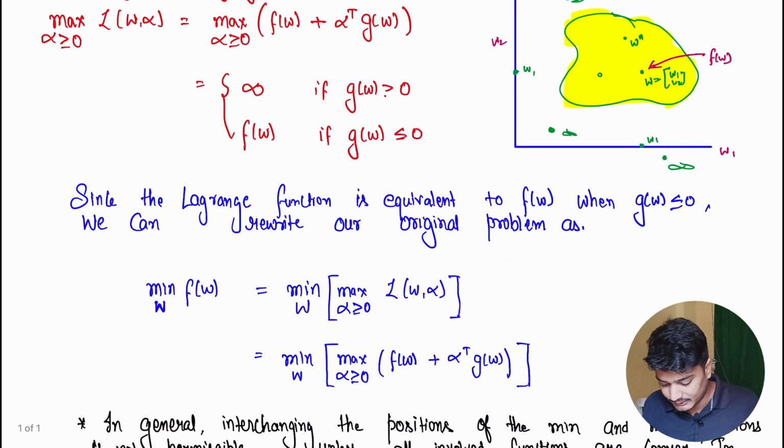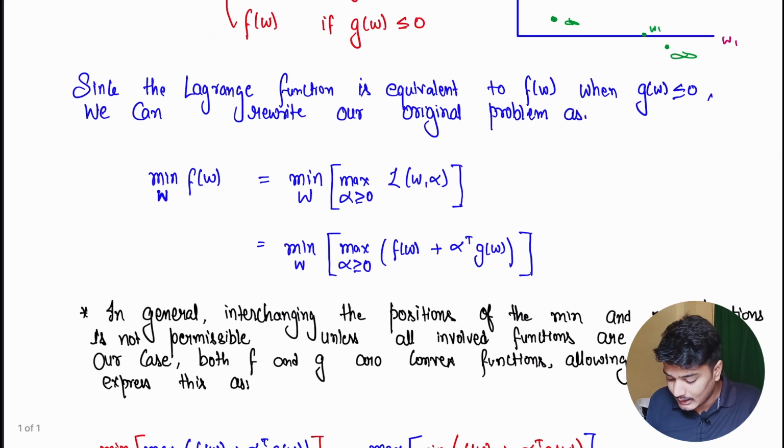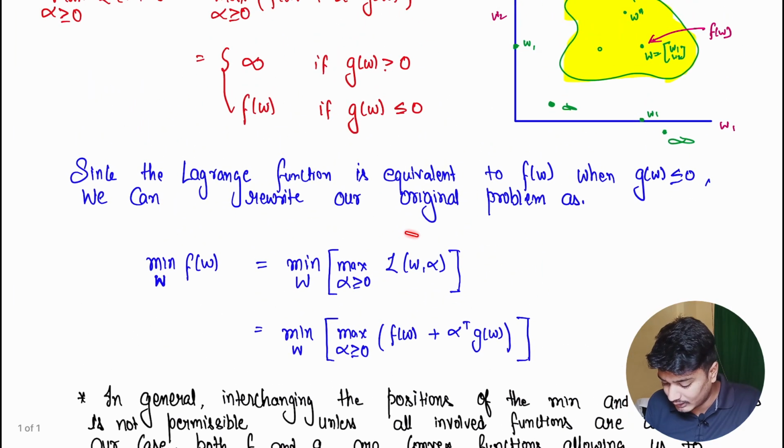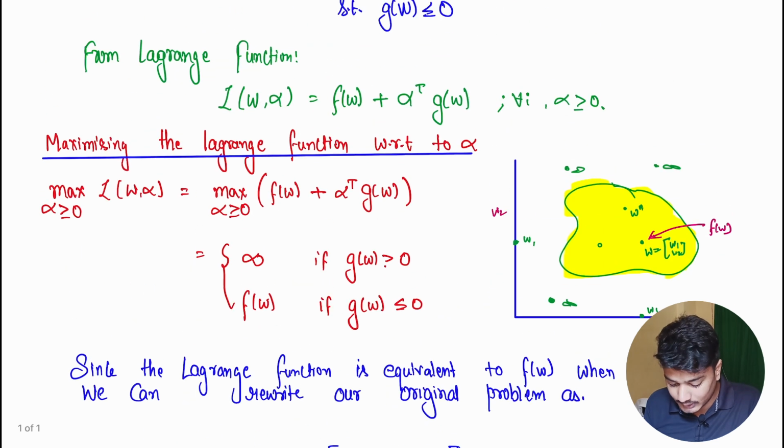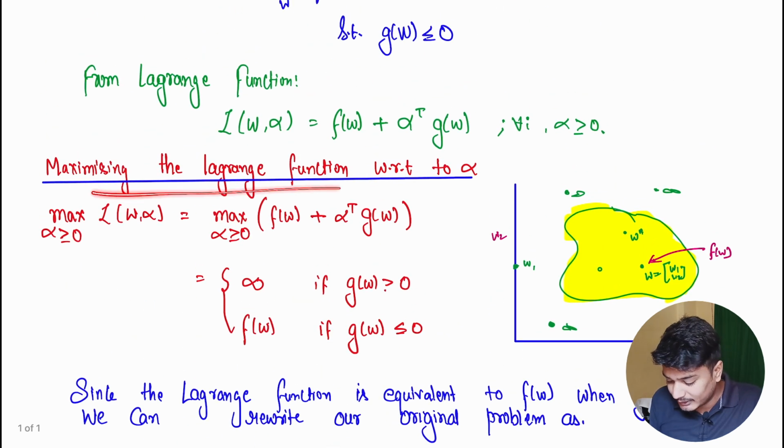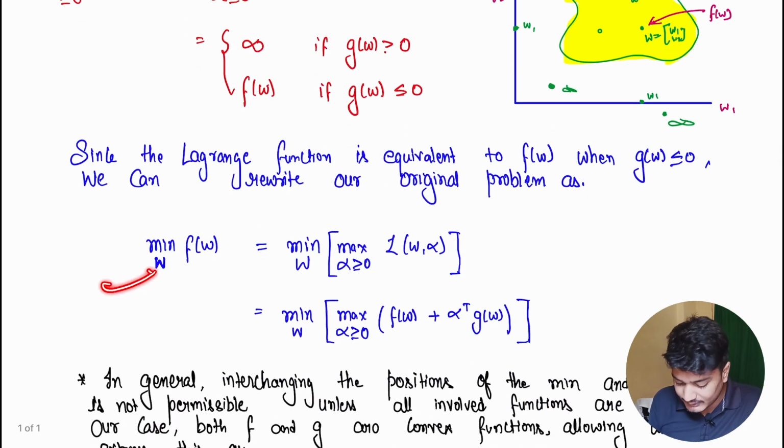Putting in the value, we can write the minimum over w of the maximum over alpha greater than or equal to 0 of f(w) plus alpha transpose g(w). Here we maximize with respect to alpha, and now we are minimizing with respect to w, because our ultimate goal is to find w.